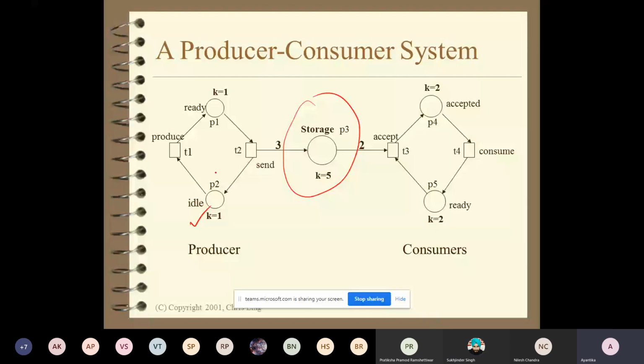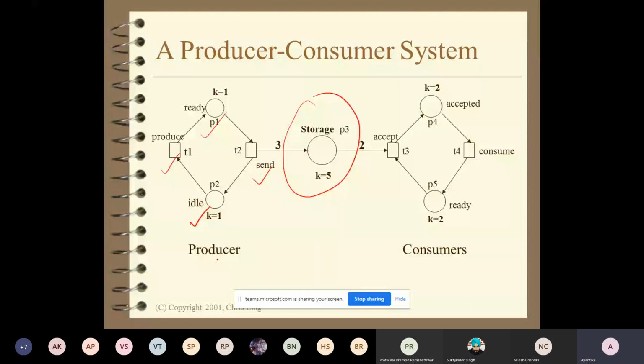So now you know producer and consumer. The producer is producing some output and sending it to the consumer to consume. That means there are different states of the producer that we have defined: idle, ready, and send. Idle means the producer is doing nothing.